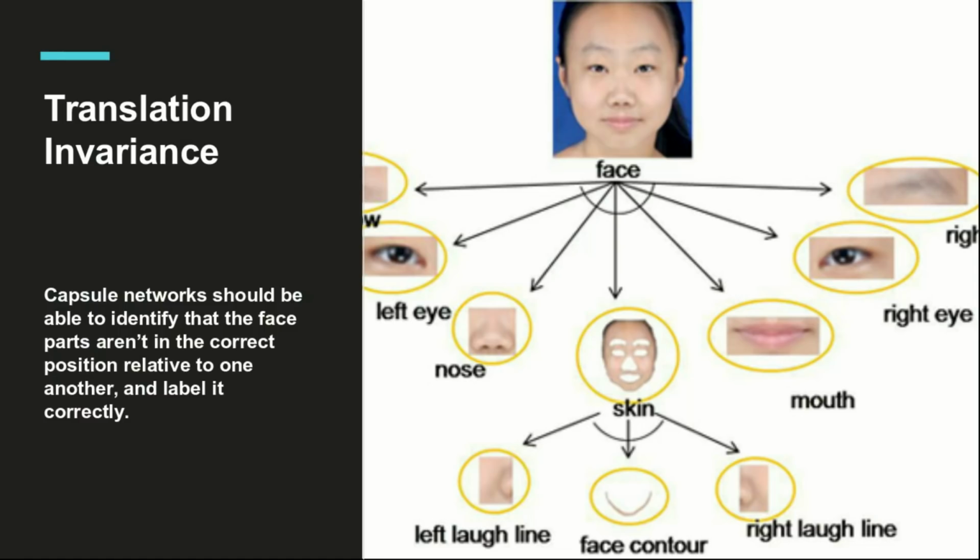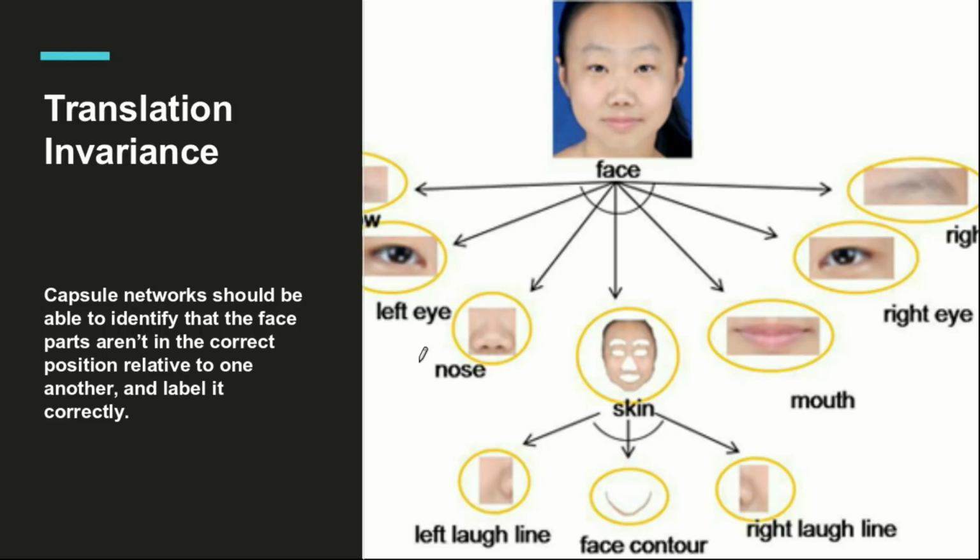What I mean by that, let's take an example of face labels. For example, a bunch of randomly assembled face parts will look like a face to ConvNets because all the key features are there. If capsule networks work, and they work as has been proposed in the paper, they would be able to identify the spatial relationships between objects in the images, and they would be able to label it correctly.